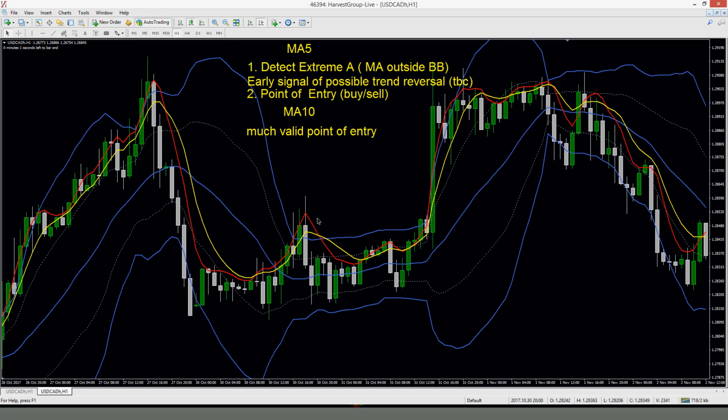And also obviously we need to revert back to our initial function of the Bollinger Band. The Bollinger Band is to contain all moving averages and candlesticks within the BB. So as you can see here, there are two things happening outside over here. You have the candles outside of the Bollinger Band, and you also have both moving averages outside of the Bollinger Band.